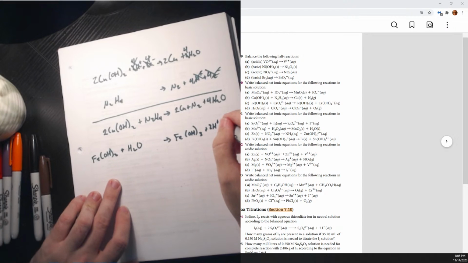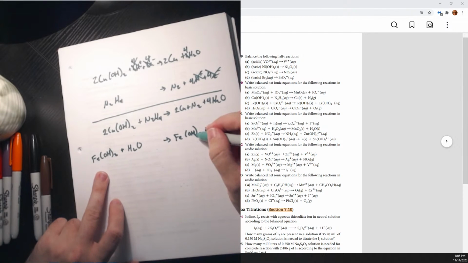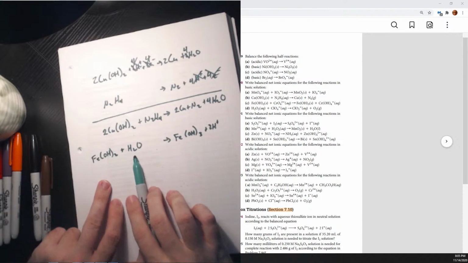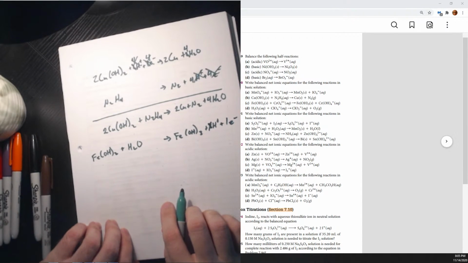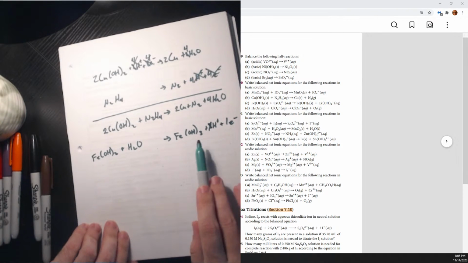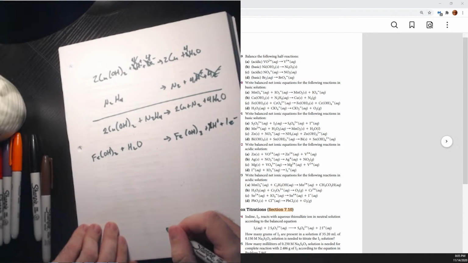No, that can't be right. 2 oxygens versus 3 oxygens. We need the 1 water. Oh, no, we only need 1 H plus. Good. Okay. The reason I was thinking it was wrong is because to balance the charge, it would have had to be 2 electrons, but I knew it was only 1 electron because 2 plus to 3 plus. So, all right.